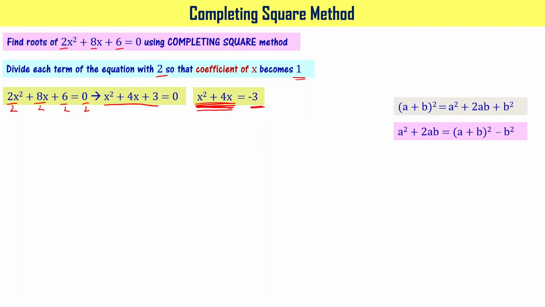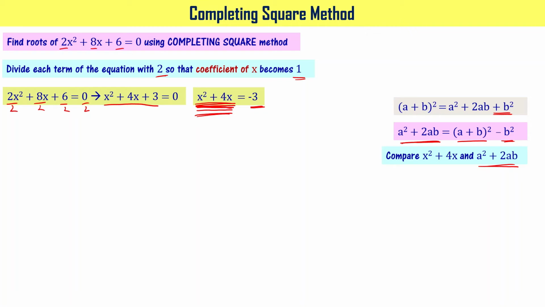We know that (a + b)² = a² + 2ab + b², right? If I transpose + b² to the other side, I can write the equation as a² + 2ab = (a + b)² - b², right? Now let's compare x² + 4x and a² + 2ab.